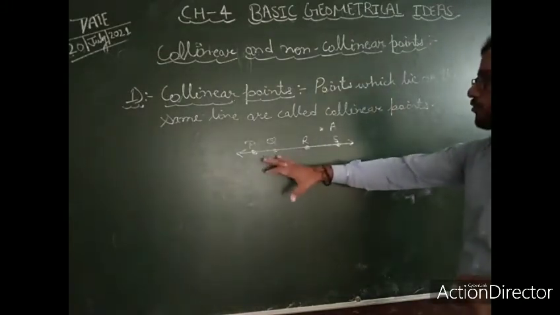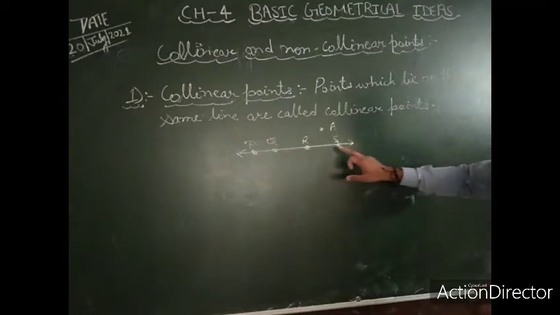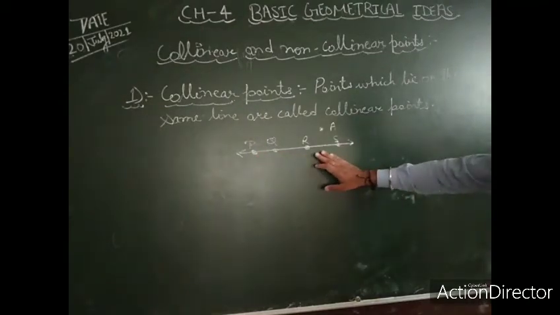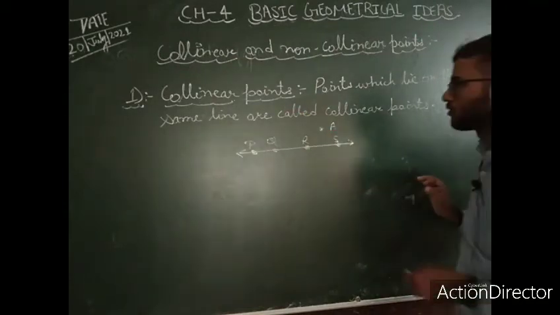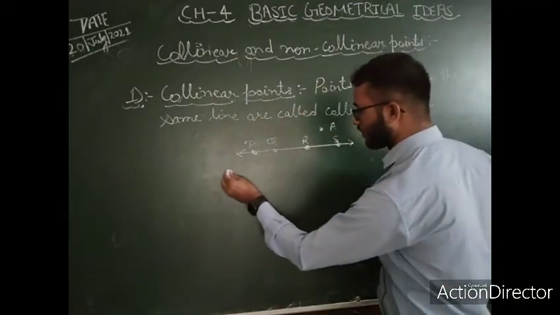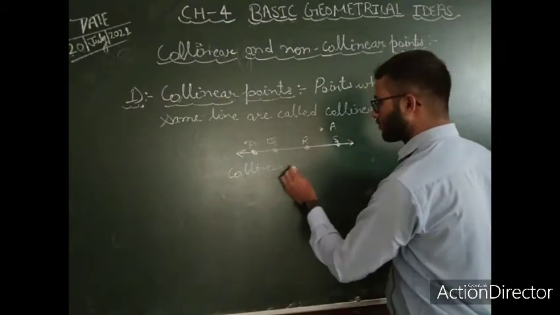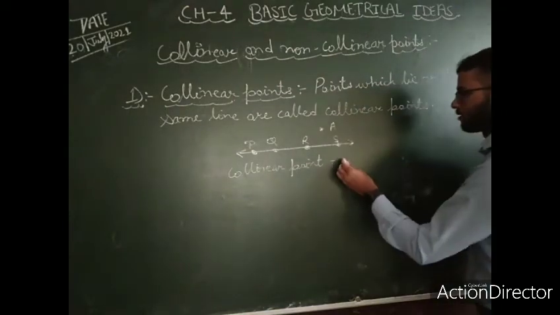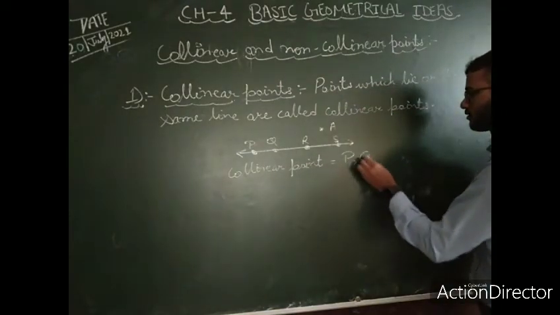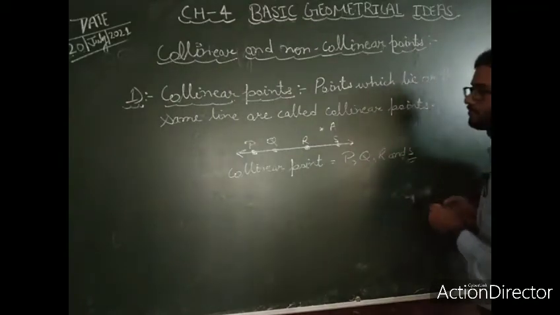So these 4 points, point P, point Q, point R and point S, lie on the same line. So here we say that all these 4 points are collinear. So here we write collinear points P, Q, R and S. Right?